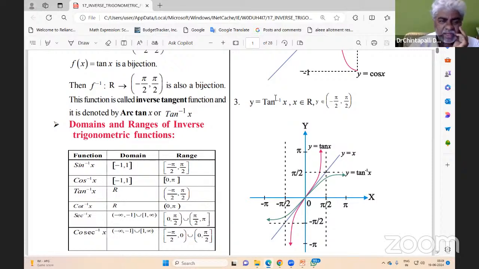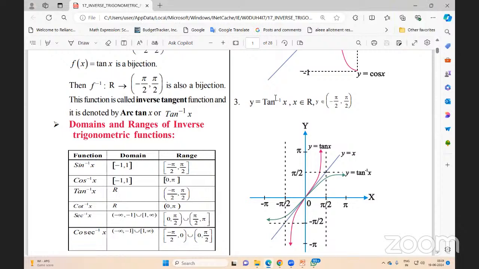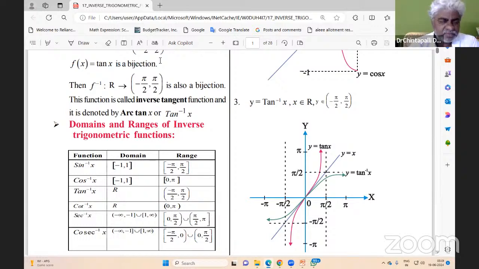Now, in the case of cos inverse x, it should be 0 to pi. If you want to cancel in the case of cos, observe this. Can you cancel cos inverse of cos of 2 pi by 3?